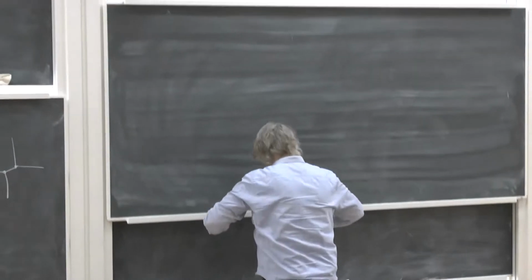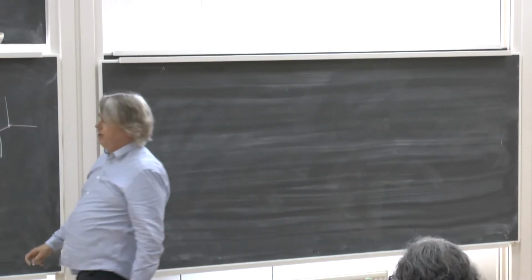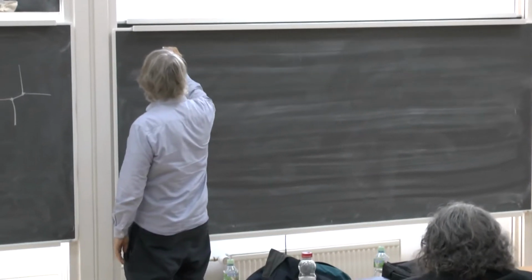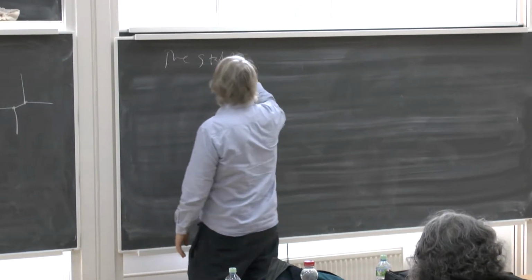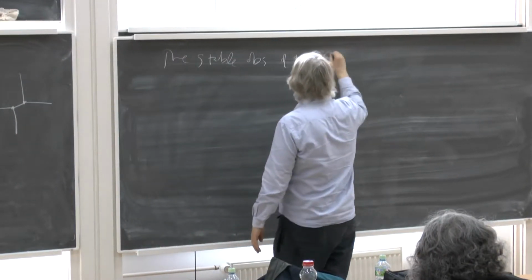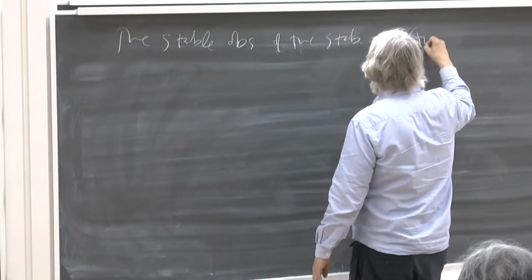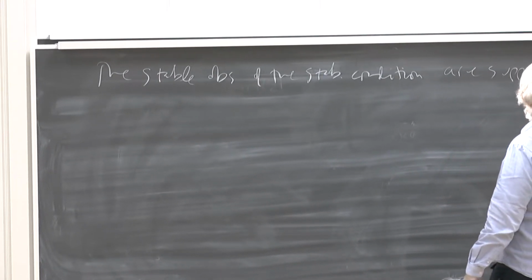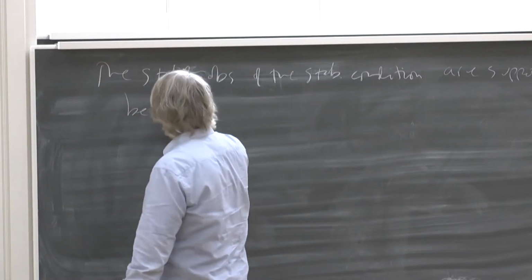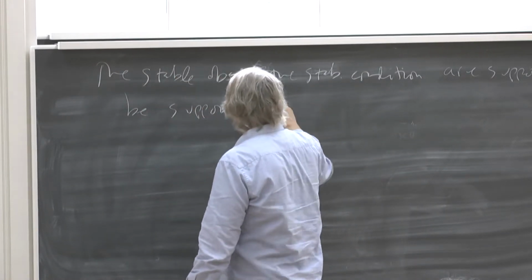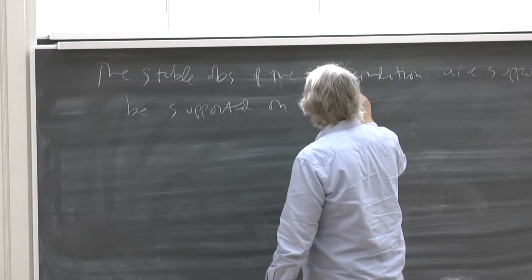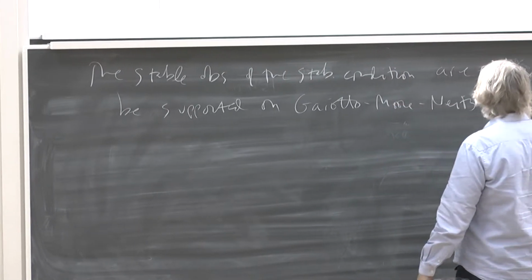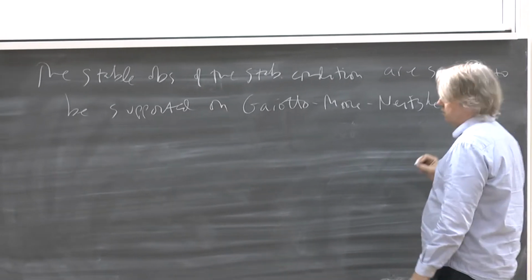There's other parts of the motivation, which is that we also know, at least Lugo said this in any case, that the stable objects of the stability condition are supposed to be supported on Gaiotto-Moore-Neitzke spectral networks.